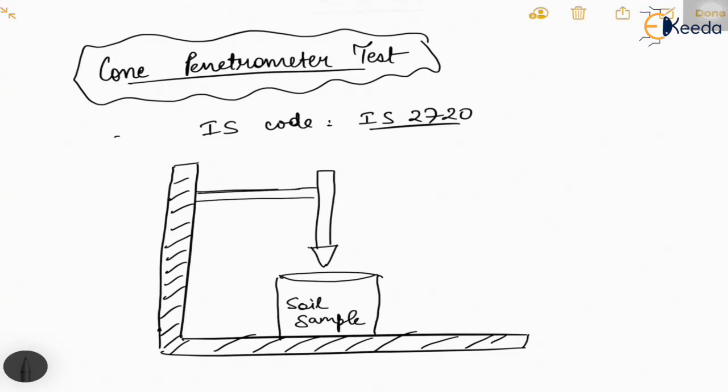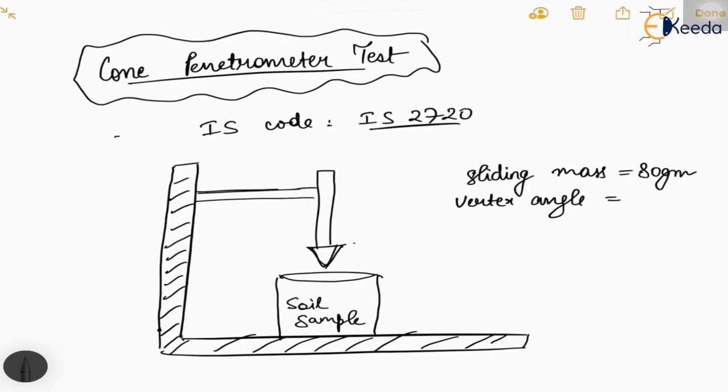Now some key points to note about this experiment: the total sliding mass, that is this cone plus this sliding bar, is equal to 80 grams, and the vertex angle for this cone is roughly about 30 degrees. We can take it as 30 plus or minus 1 degrees.